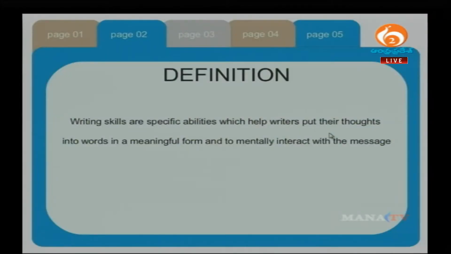Writing skills are specific abilities which help writers to put their thoughts into words in a meaningful form and to mentally interact with the message. So it's important that I follow these guidelines, these standards, in order to make my writing accepted, believed and trusted by the readers.